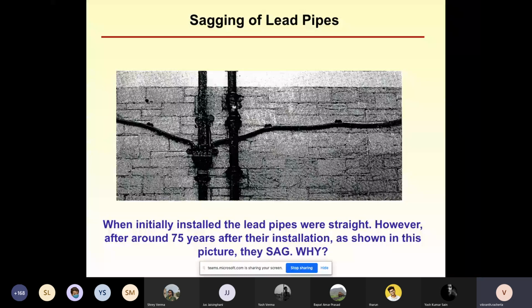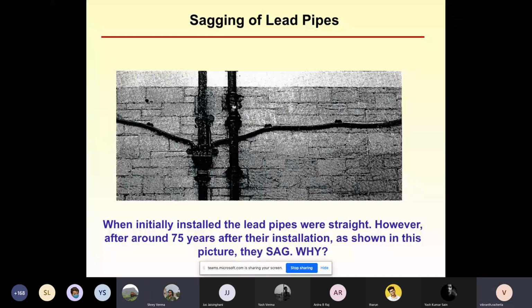Why do you think they used lead pipes instead of, let us say, steel or plastic? Because of the temperature conditions. No, steel would be much stronger.